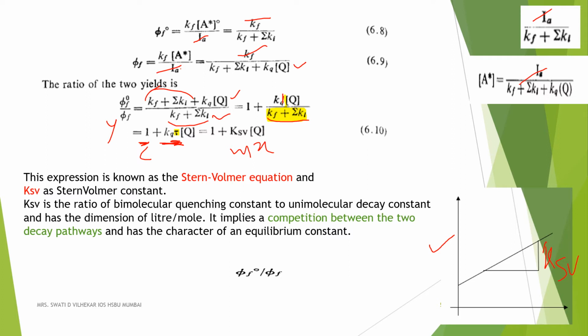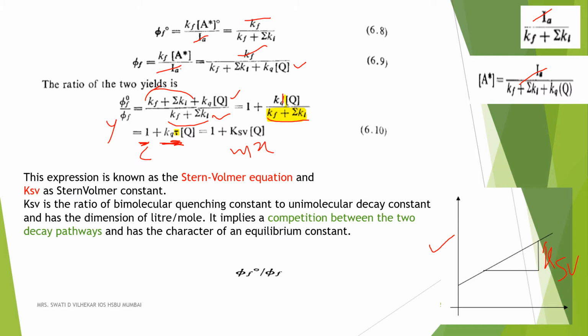Also, in static quenching the decrease in fluorescent intensity is dependent on the diffusion coefficient, while in dynamic quenching it is the opposite and does not depend on the diffusion coefficient. We will study that in the next slides.